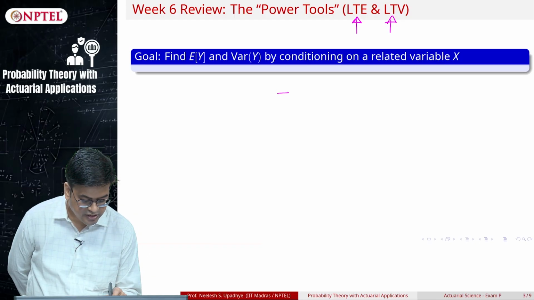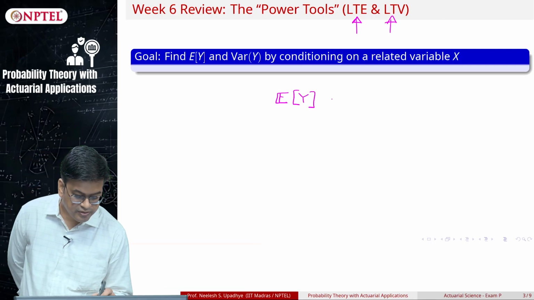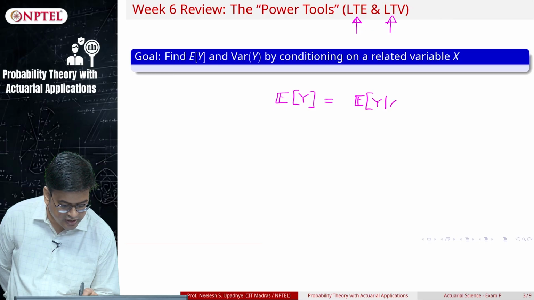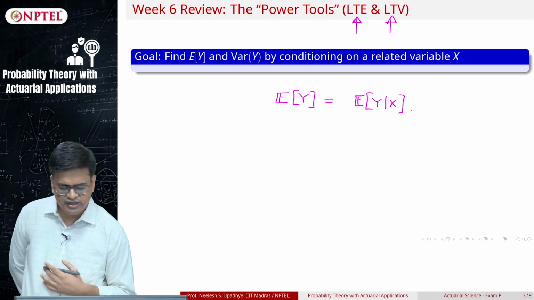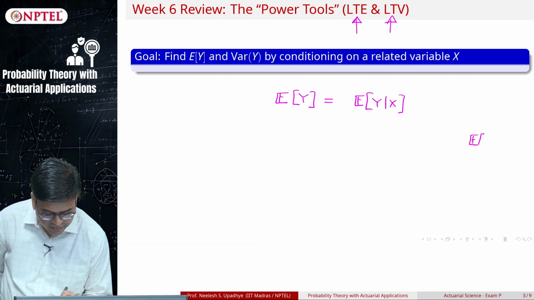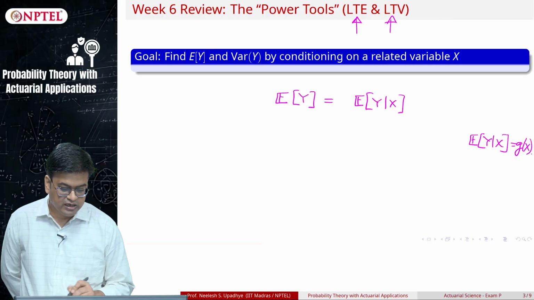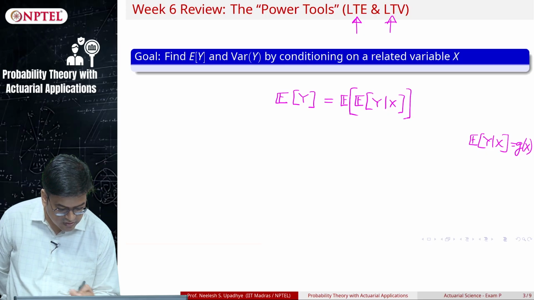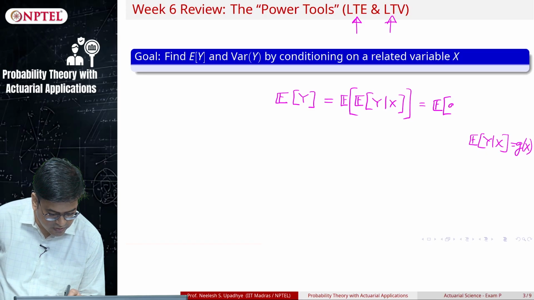What was the Tower property? Given Y, let us say I want to compute the expected value of Y. What I will do is slice Y in terms of the expected value of Y given X. We defined this in a rigorous manner: the expected value of Y given X is actually treated as a function of X. Now I take the expected value around this, which will give me the expected value of Y. So essentially this is the expected value of g(X).